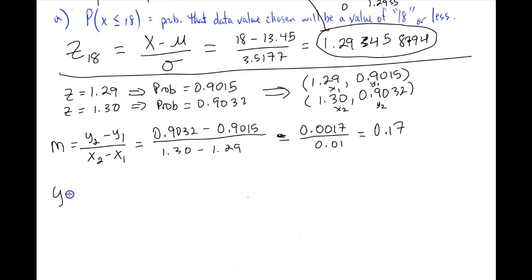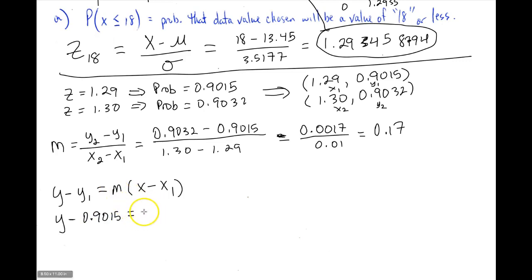So here we know that point slope form of equation of a line is this. And since I already have this labeled as x1, y1, I'm going to plug in x1, y1 here and my slope, and then just solve for y. So if we do that, my y1 is just going to be 0.9015.